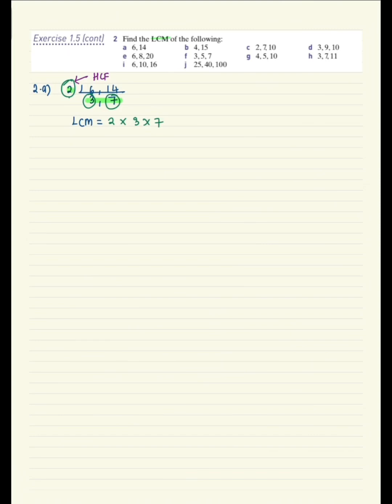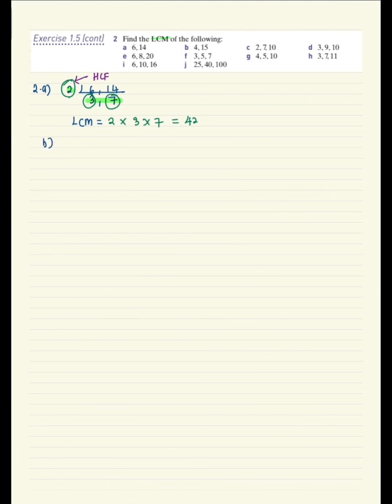You want to find the lowest common multiple. In order to find the lowest common multiple, you have to find the multiples. So you have to multiply a lot of numbers. So you take all the numbers on the left and the bottom. That's an easy tip to remember. So you get 42. Therefore, the lowest common multiple is 42.